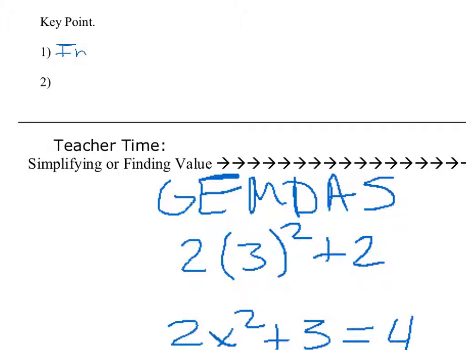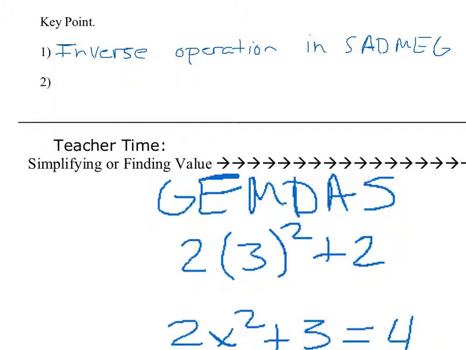Inverse operations in reverse order. Okay. Any other key points?